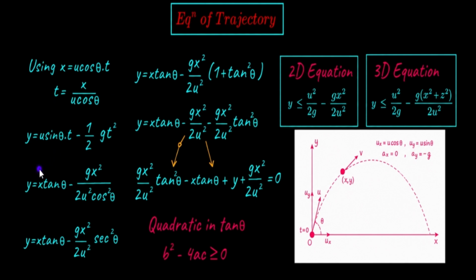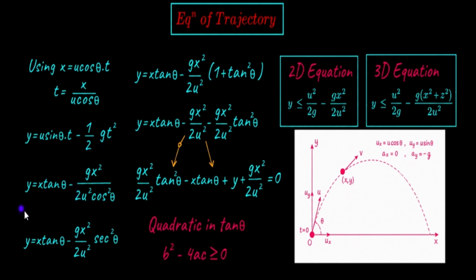Now look at the simplification carefully. The first term becomes u sine theta into x upon u cosine theta. The u cancels out. Sin theta upon cosine theta is tan theta. So the first term simplifies to x tan theta. The second term, half g into t square, becomes half g into x square upon u square cos square theta.